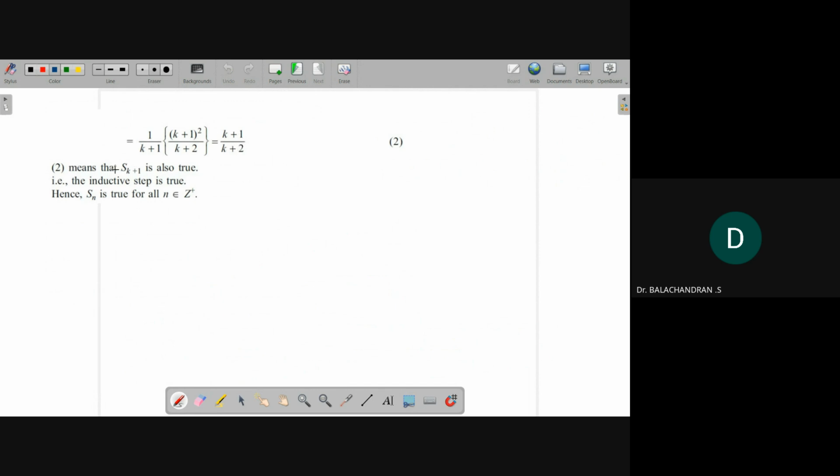So S(k+1) is also true under the assumption Sk is true. So the inductive step is also true. Hence Sn is true for all n belonging to Z plus, or you can write natural numbers.